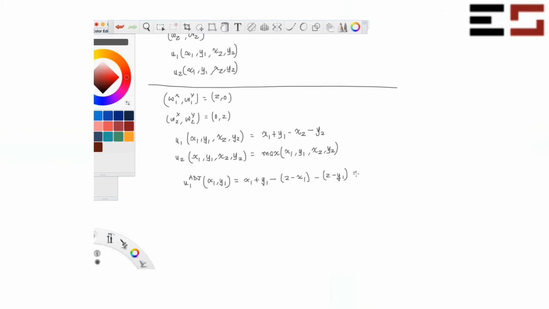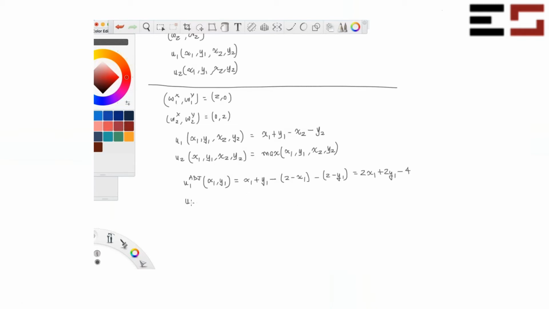And then what you're going to get is 2x1 plus 2y1 minus 4. Please note that this adjustment only works with these endowments. If you want to change the endowment, the adjusted utility function will be different.